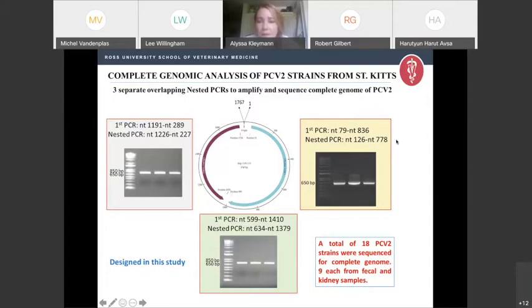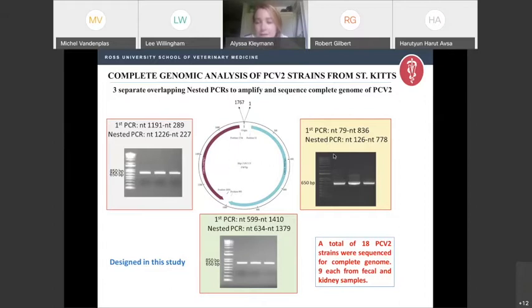And when we viewed the amplicons from these first PCR primer sets, we noted low molecular weight bands that we suspected would interfere with the sequencing results, and lo and behold, they did. So we then designed and created nested PCR primers that helped us essentially clear up those sequencing results.